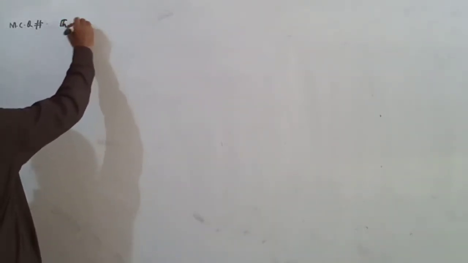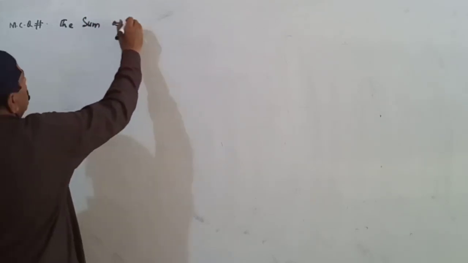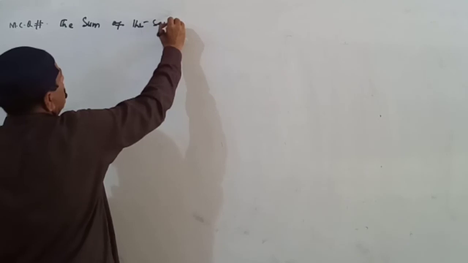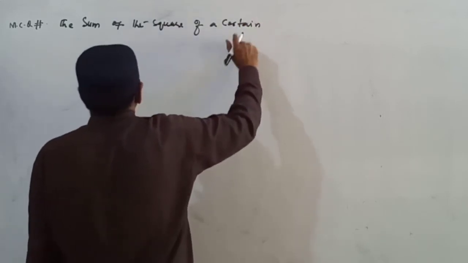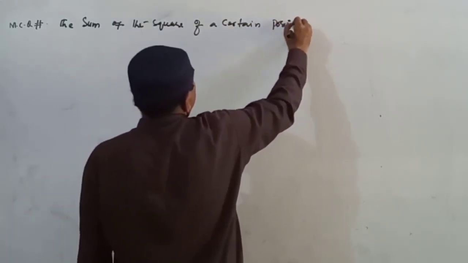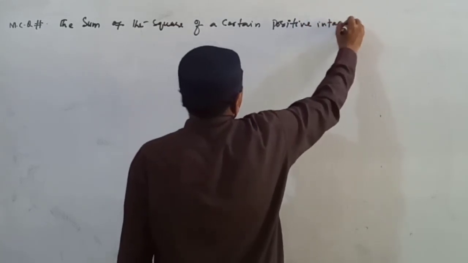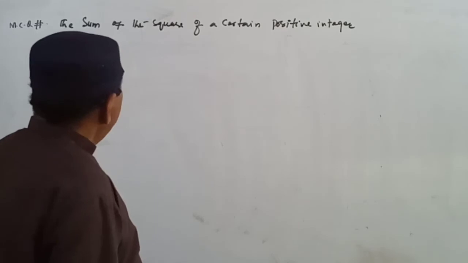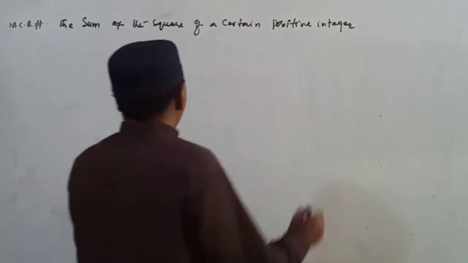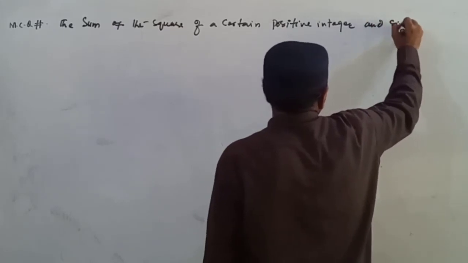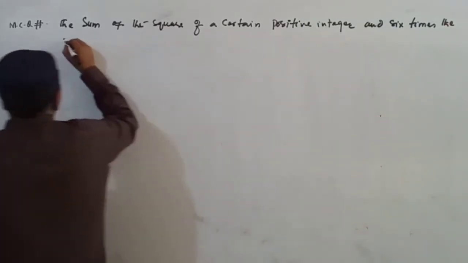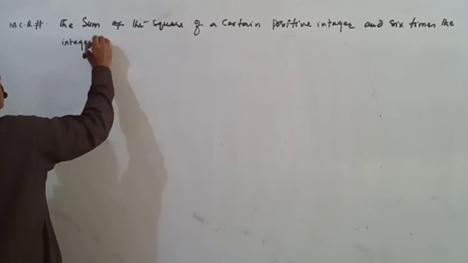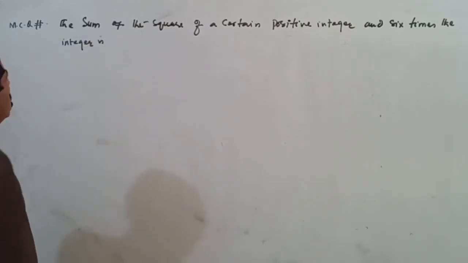MCQ: the sum of the square of a certain positive integer and 6 times the integer is 16.